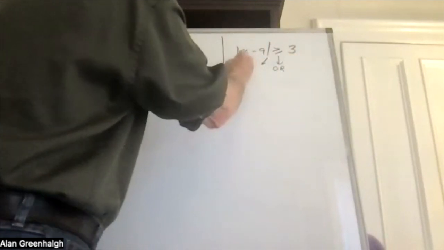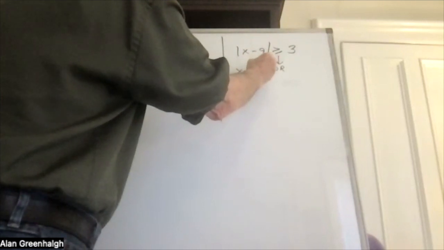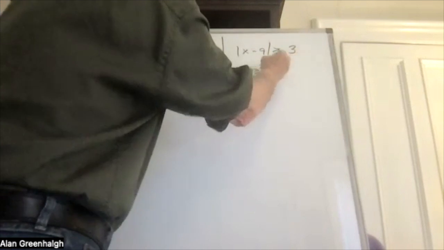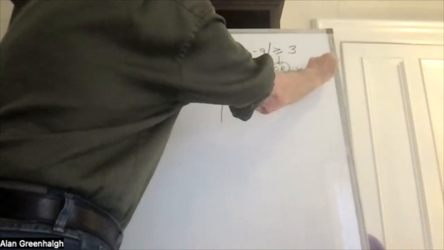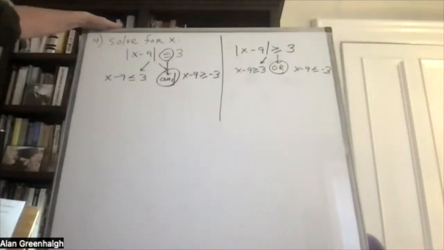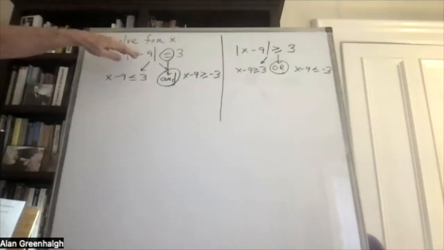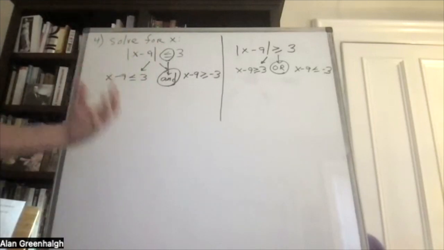And it would be x minus 9 greater than or equal to 3, or x minus 9 less than or equal to negative 3. I don't remember which one you're going to get, and I don't think I tell you anyway, either this one or that one. But you've got to be ready for both.